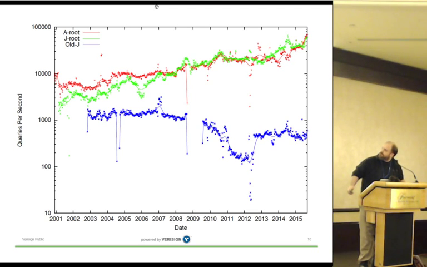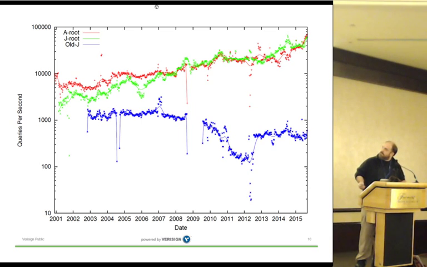You can look at the more historical trends, and it's kind of hard to see on the y-axis scale, but old J gets pretty much cut in half the amount of queries per second over time, and A and J route just take off.